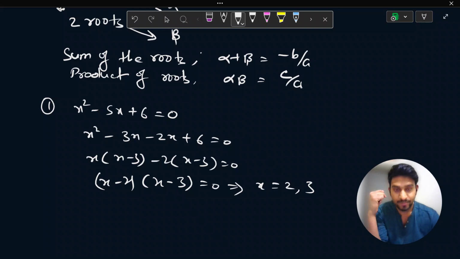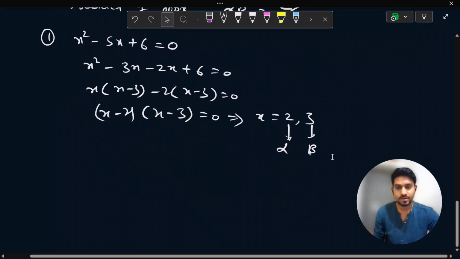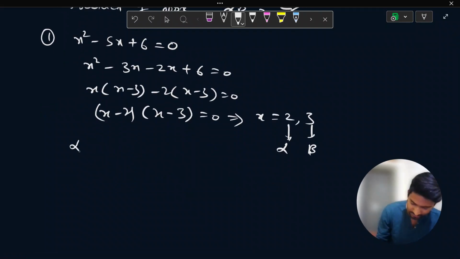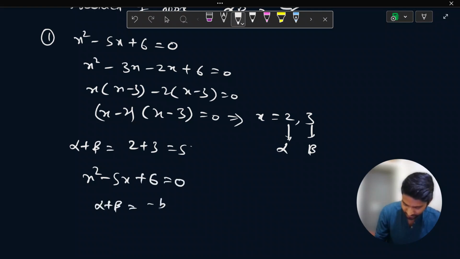We can call one as alpha, second as beta. Now if we sum them, alpha plus beta, we can clearly see that 2 plus 3 is equal to 5, and this result can be obtained from x square minus 5x plus 6 is equal to 0 by alpha plus beta is equal to minus b by a.